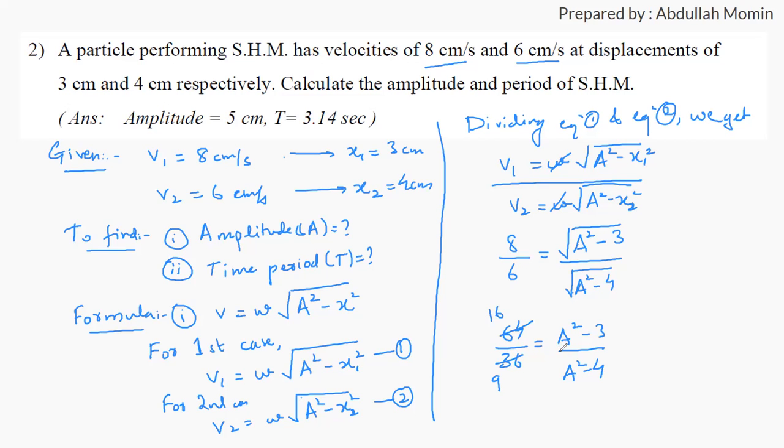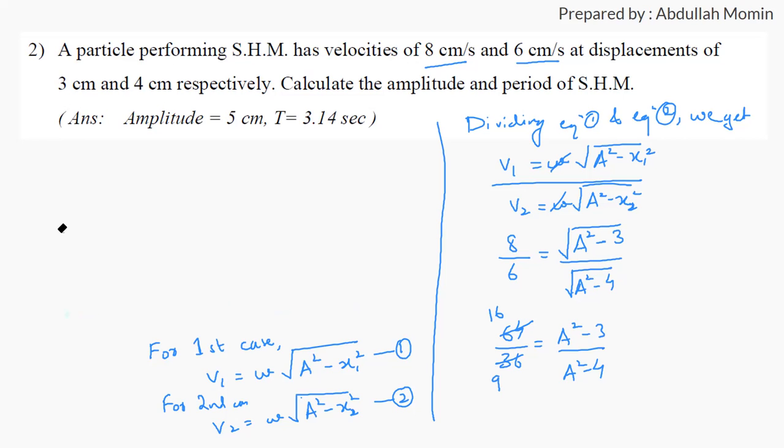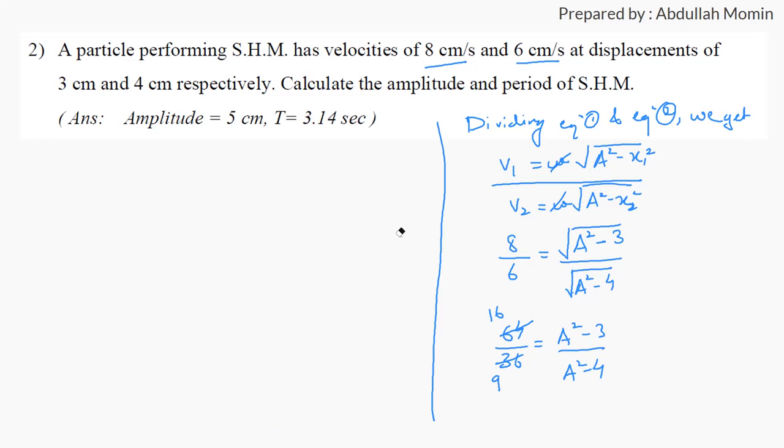So we will cross multiply these two. After cross multiplying, 16 upon 9 is equal to A square minus 9 upon A square minus 16.